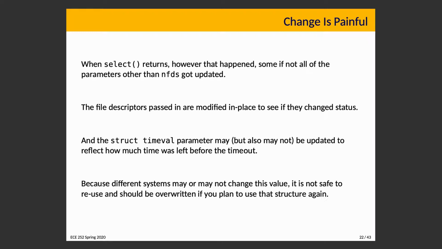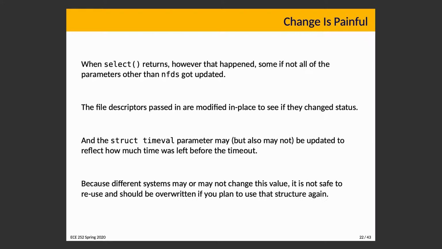status, and the struct timeval is even worse. Because the FD sets are modified, they're overwritten, you know that they are different, but the timeval may or may not be updated to reflect how much time is left before the timeout when we got woken up. So on some systems, the timeval does not change, so it isn't updated at all. On others, it is updated to reflect how much time was left.